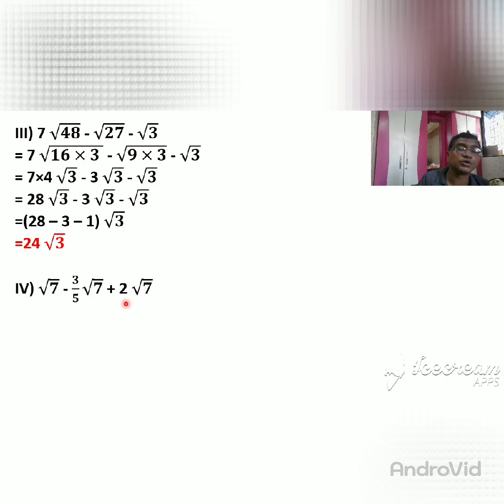Okay, so here root 7, root 7, root 7 are the same. So that is common, so we can write single time root 7. So root 7 coefficient is 1, so I write here 1.